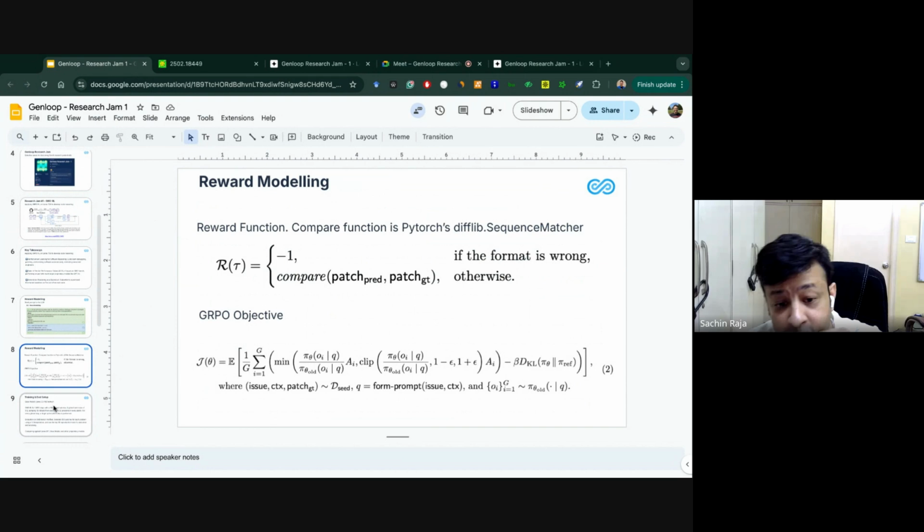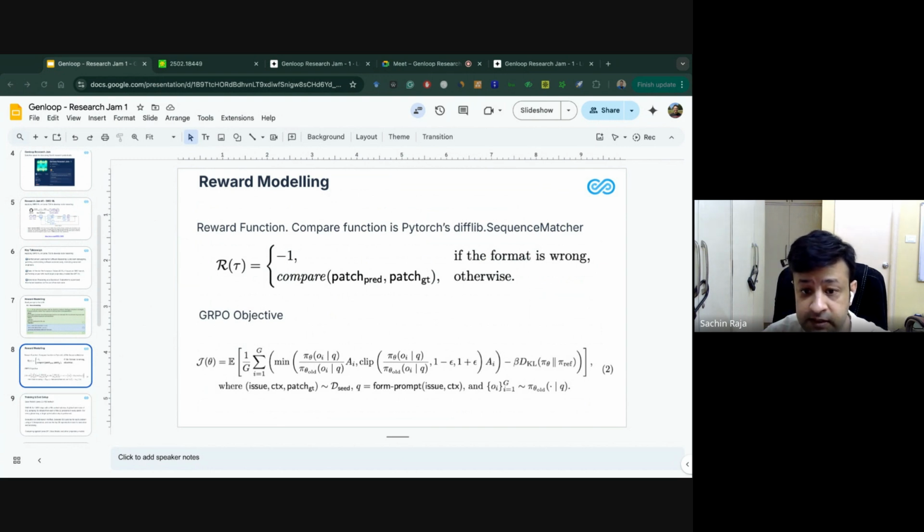Okay. So I can possibly add a little bit on this. The pi theta is basically the new policy, and the pi theta old is the older policy. Now, that is being multiplied by this A_i, which is basically called the advantage.